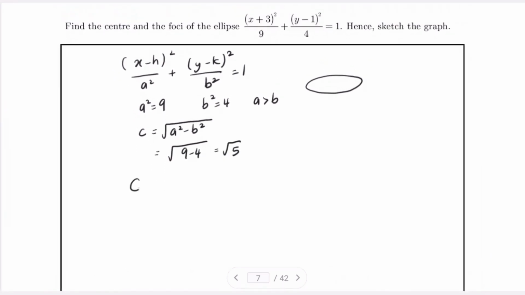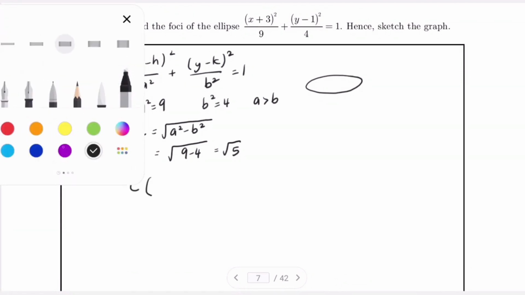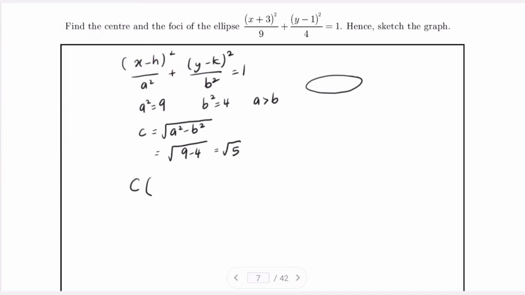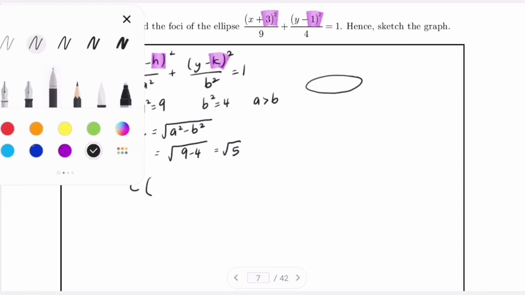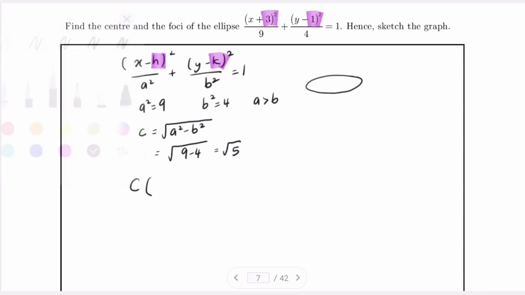So let's start with the center. We're going to compare h with negative 3 and k with 1. So we get the center of (negative 3, 1).